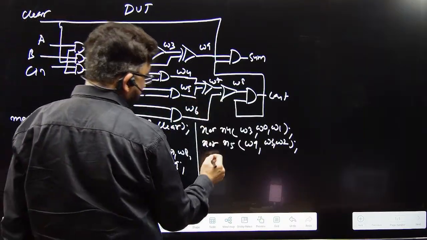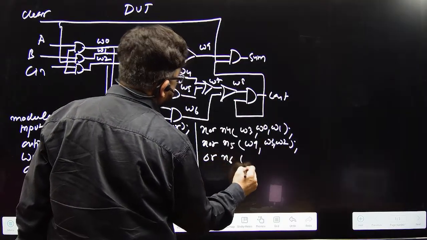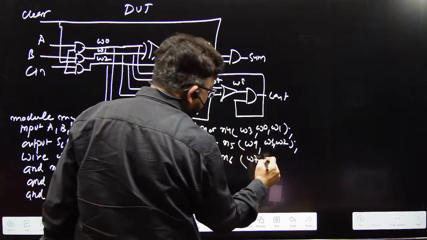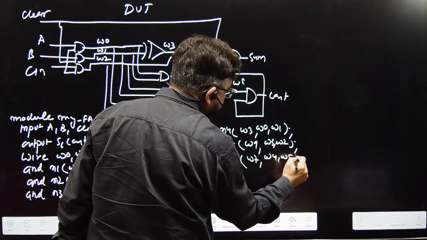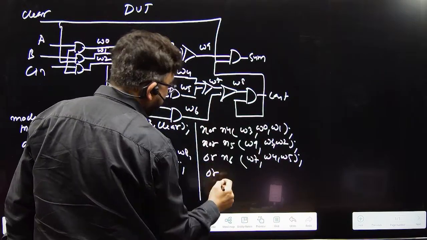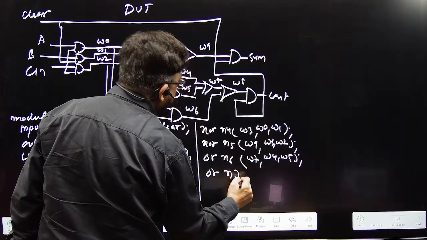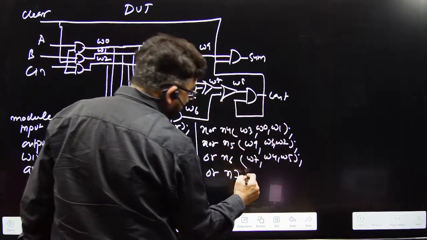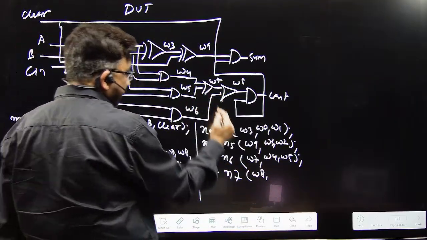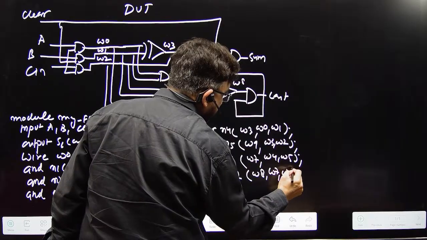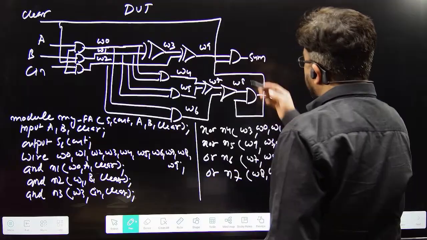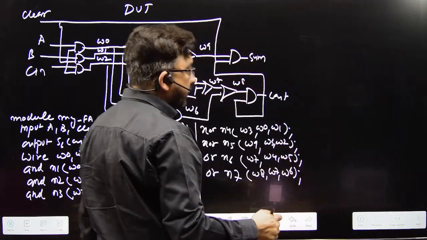Okay, then this OR N6, output is W7, input is W4 and W5. Okay, and then this again OR, you have N7, output is W8 and input is your W7 and W6. Okay, then finally you have the last two AND gates.